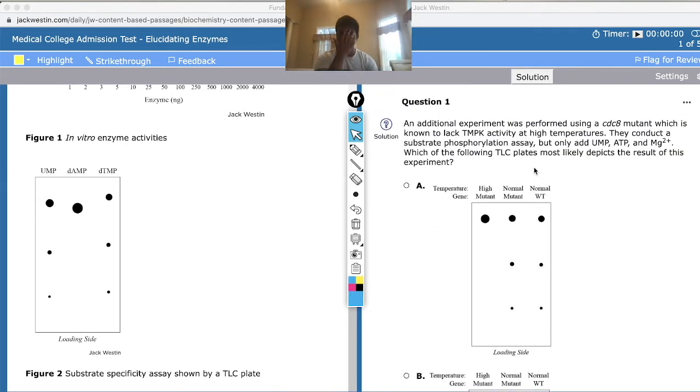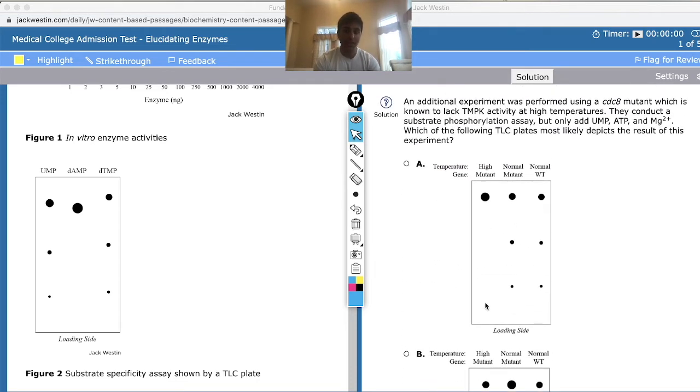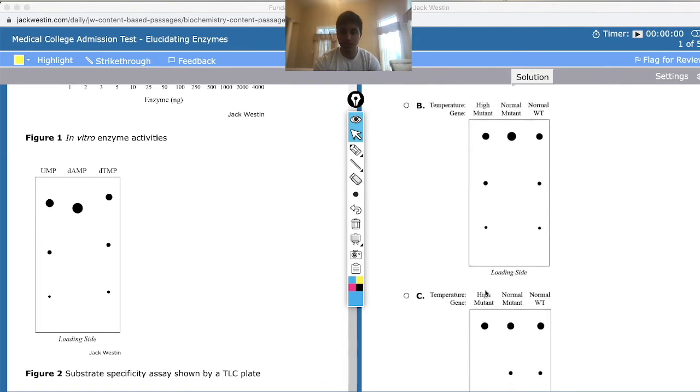Okay, so if it lacks TMPK activity, remember TMPK is monophosphate kinase. If you can't phosphorylate the monophosphates, you can't make diphosphates. So we should have no dot in the second place. So we don't have a dot here. That's good. We don't have a dot here. Okay, so what separates A and C? A does not have any triphosphate.